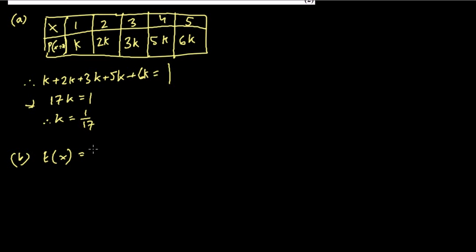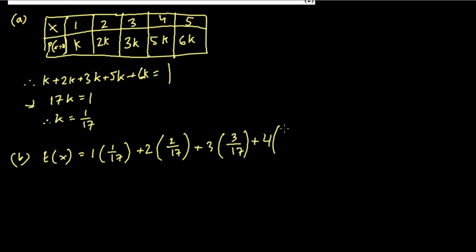Expected value equals 1 into k, which means 1 by 17, plus 2 into 2k, which means 2 by 17. Remember, k is 1 by 17, so 2k means 2 into 1 by 17, 2 by 17, plus 3 into 3k, which means 3 by 17, plus 4 into 5k means 5 by 17, and 5 into 6k is 6 by 17. That's the value here.